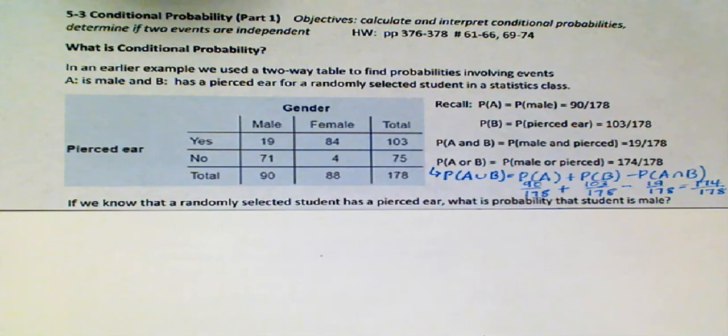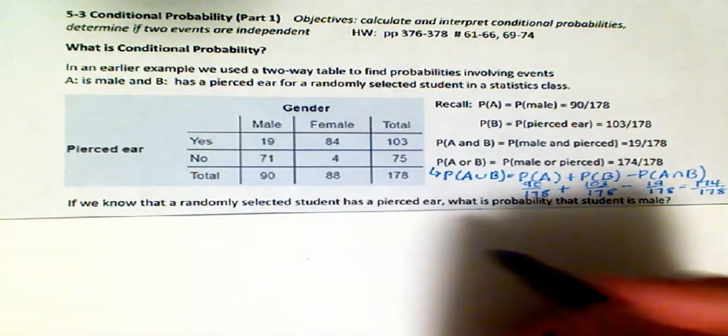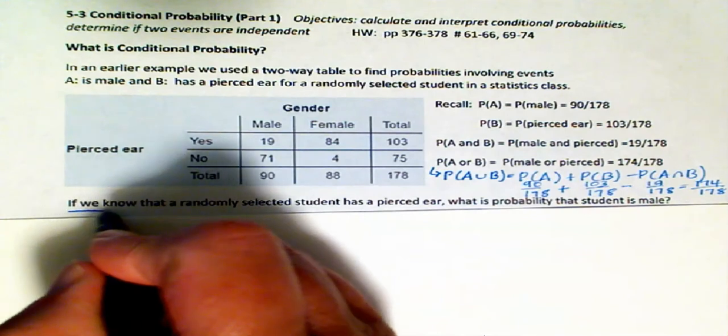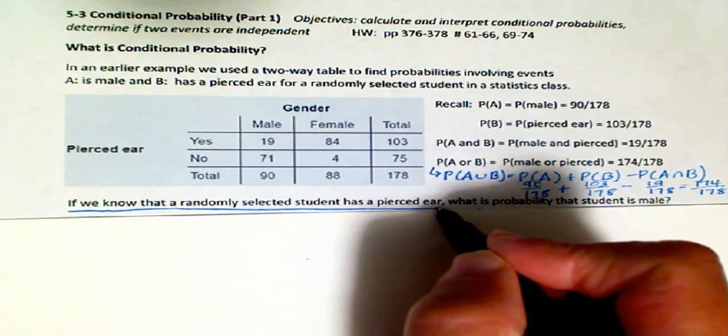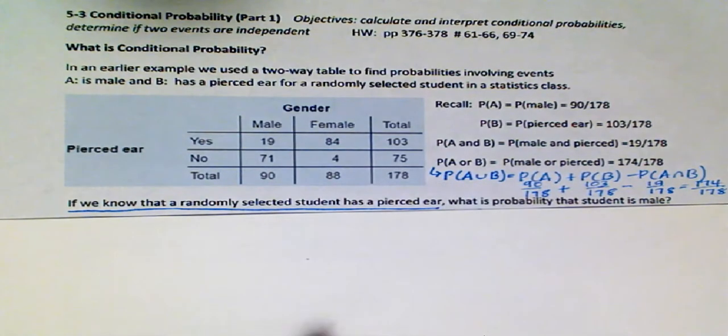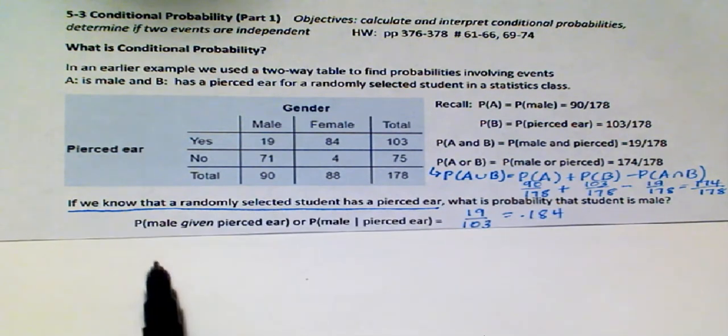If we know that a randomly selected student has a pierced ear, what's the probability that the student is male? This right here is a condition. If we know that the randomly selected student has a pierced ear, that is a conditional statement, okay? What's the probability that the student is male? So I'm going to show you.